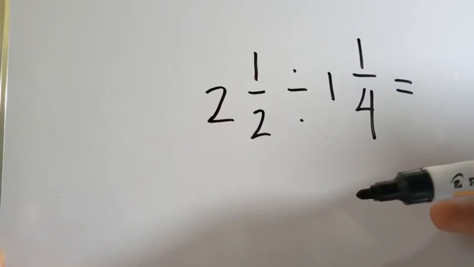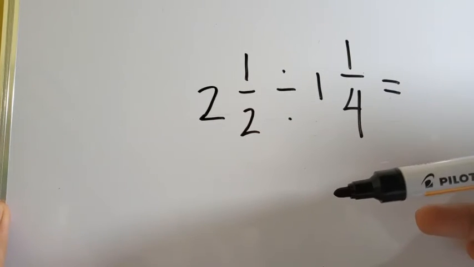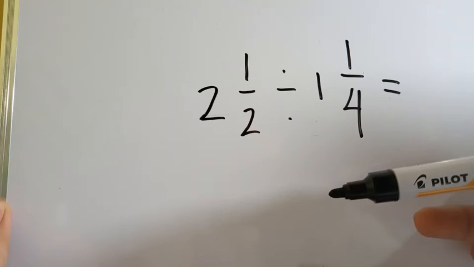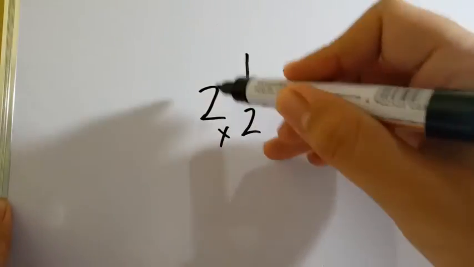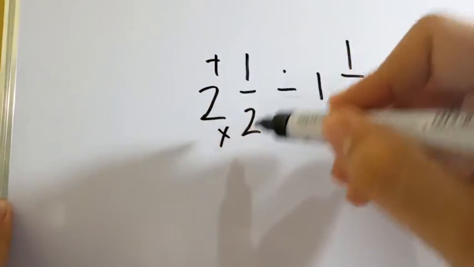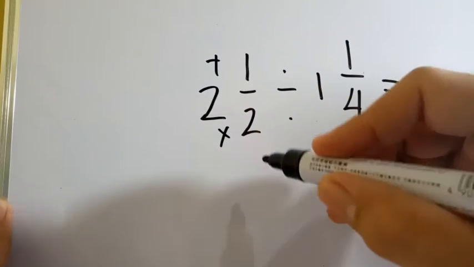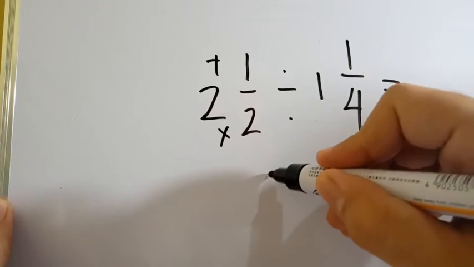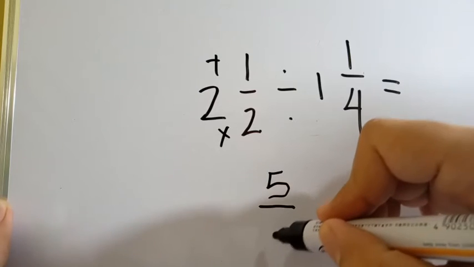So, katulad ng previous natin video, guys, we're going to change the mixed numbers into improper fractions. So, how are we going to change? We should multiply and add. So, we have 2 times 2 is 4 plus 1 is 5. Kopyahin lang po natin lagi yung denominator.